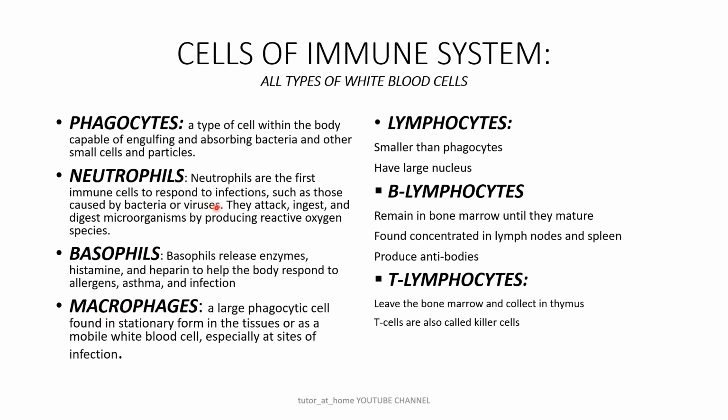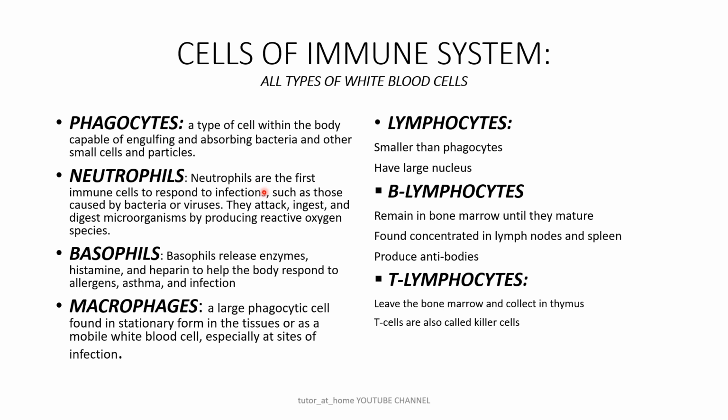Neutrophils are the first immune cells to respond to infections such as those caused by bacteria or viruses. They are the primary defense cells, which attack the bacteria and viruses, engulf them, ingest them, and digest them with the enzymes present in them. Then come the basophils.